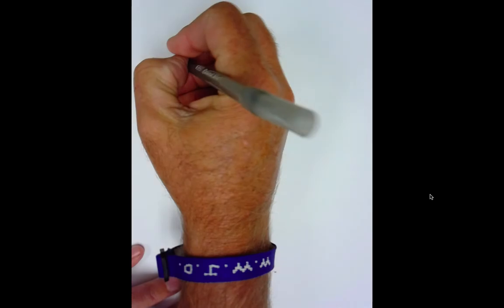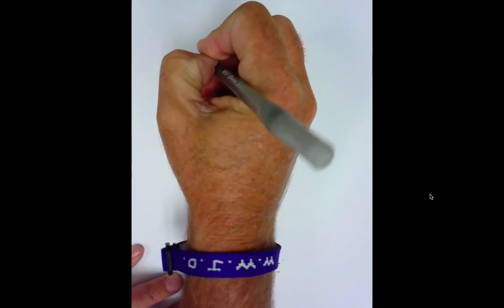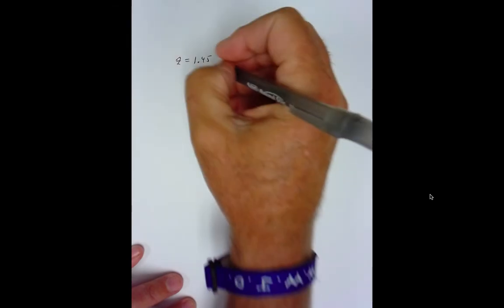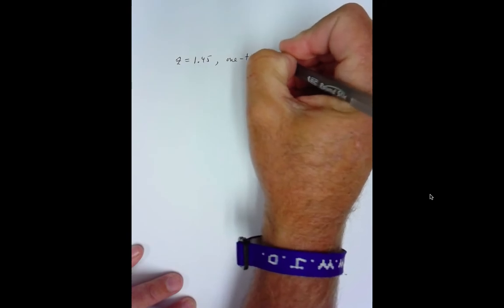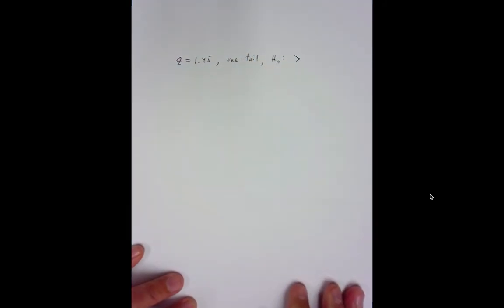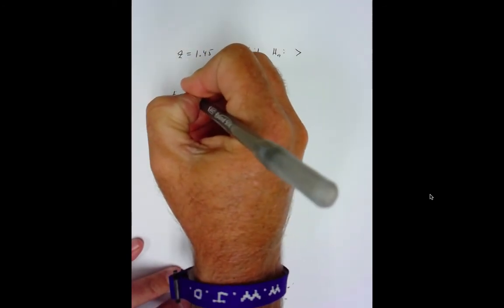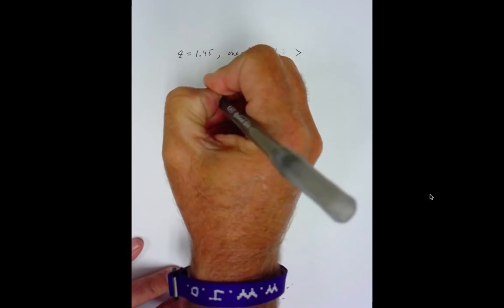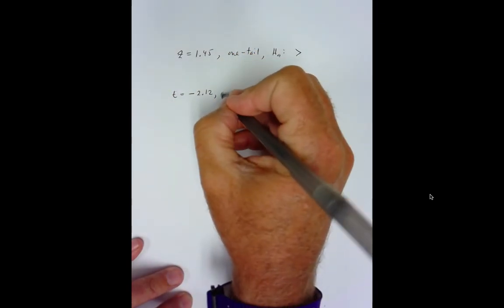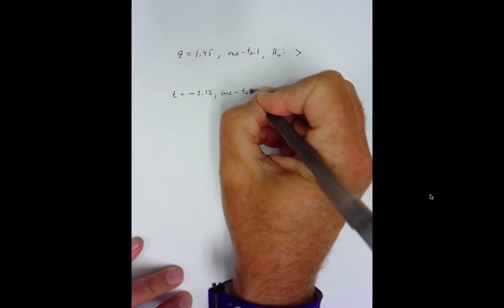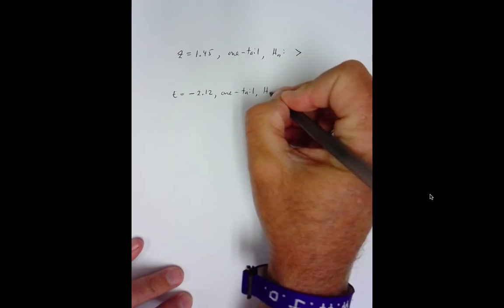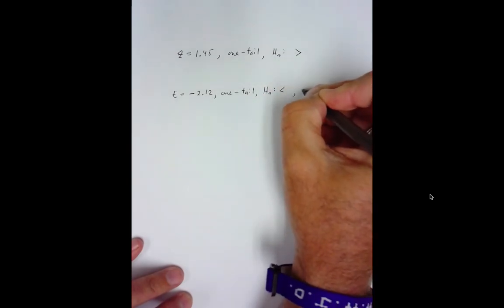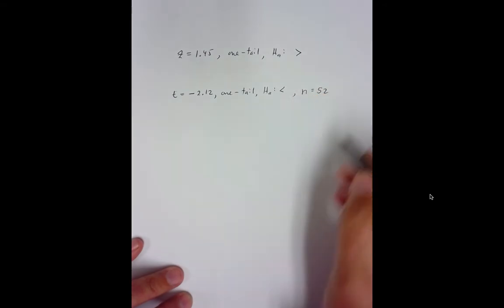So the first one is z equals 1.45, one tail, H sub a greater than. The second one was t equal negative 2.12, one tail, H sub a less than, n is 52.